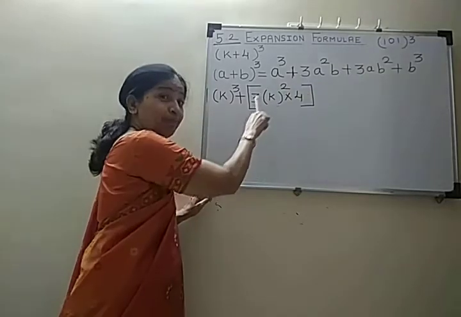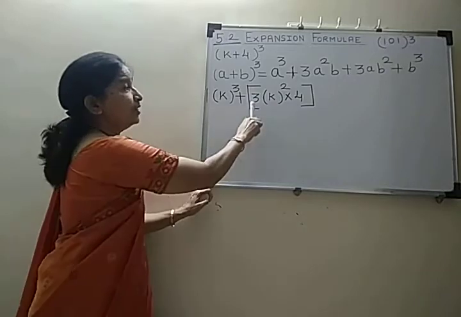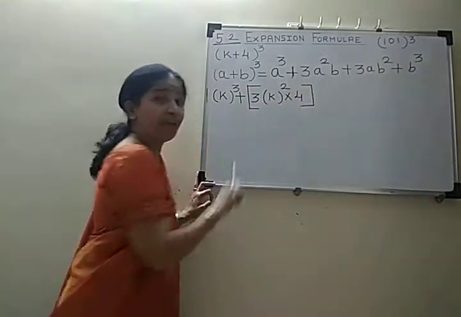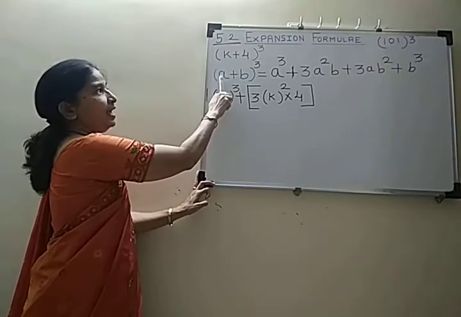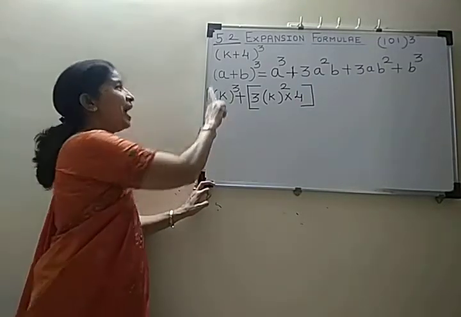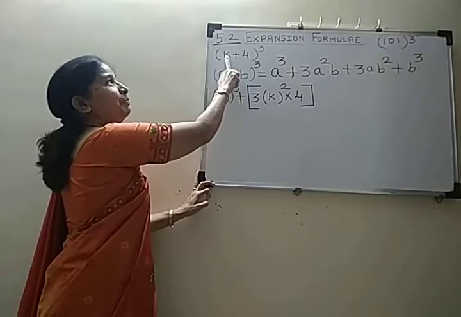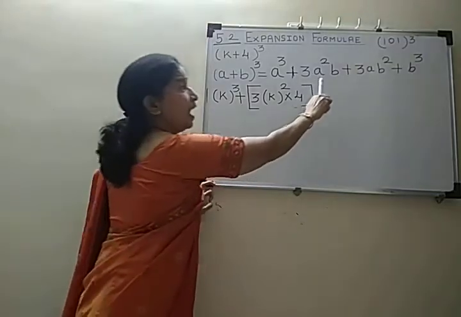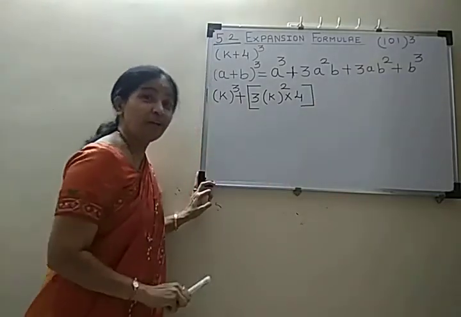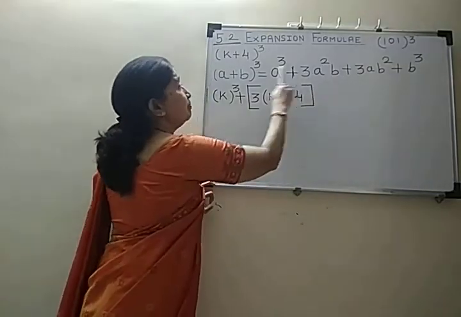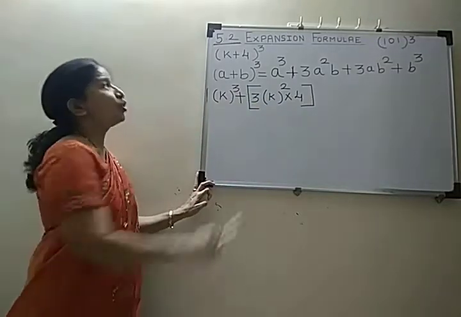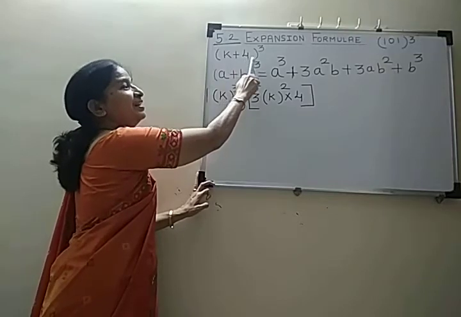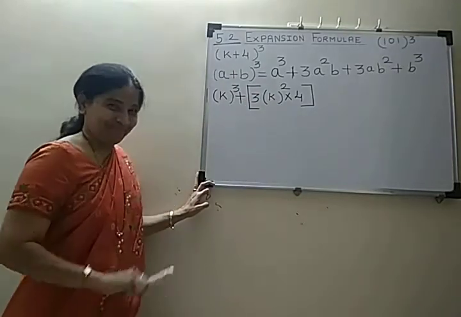They have multiplied by 3. So, I wrote here 3. Then they have taken a square. A square means square of the first term. So, I took the square of the first term, so k square. Then they have multiplied by b, means second term. So, I multiplied by the second term which is 4.